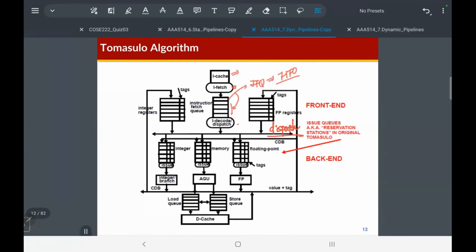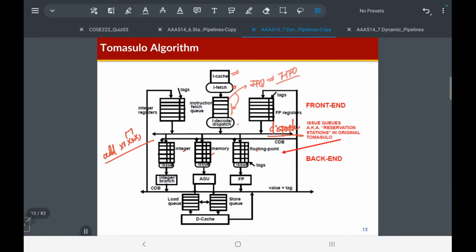In this architecture, if the instruction is ready for execution, for example, the add instruction, add x1, x2, x3, this add instruction requires two operands from the integer register file.